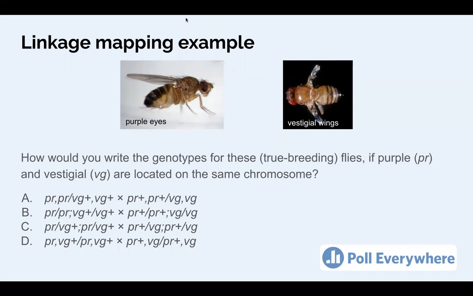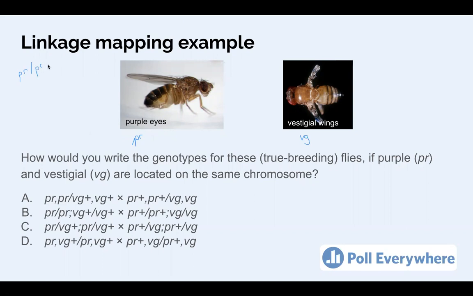So first question is, what are their genotypes? And if they are located on the same chromosome, how do we write those genotypes? So purple is PR and vestigial is VG. And as we've seen with other fruit fly notations, the purple fly is homozygous.